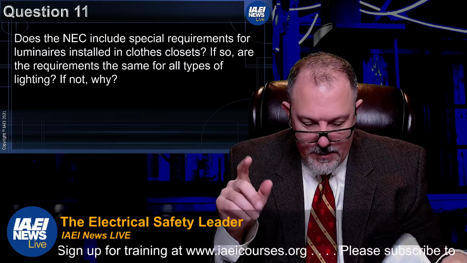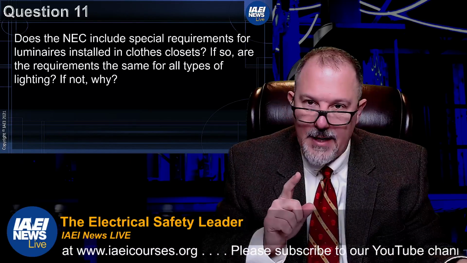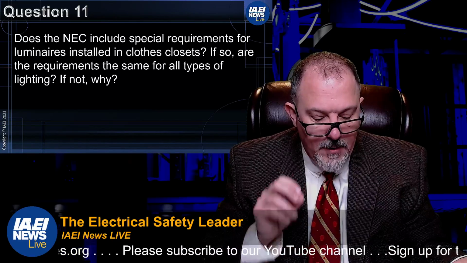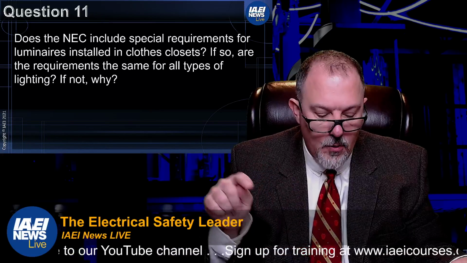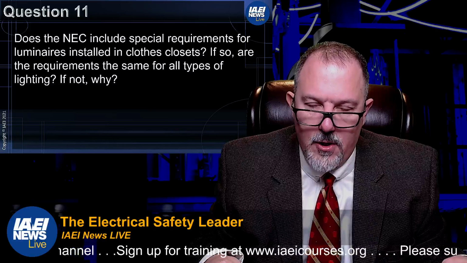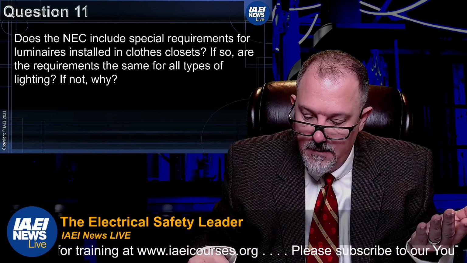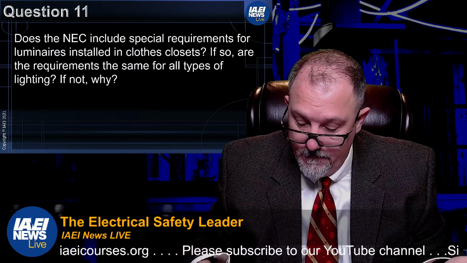Why is that important? Because remember, in 410.16(C), it said, the minimum clearance between luminaires installed in closed closets and the nearest point of a closed closet storage space. And that's why I hesitate when I read it. I'm like, what is a closed closet storage space? And that, my friend, is a defined term.